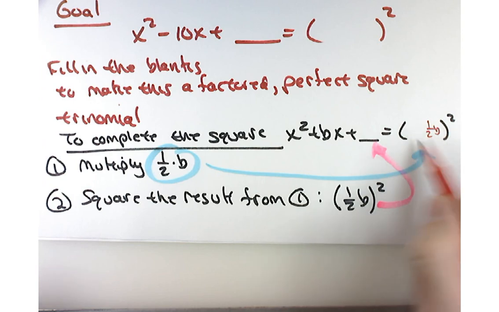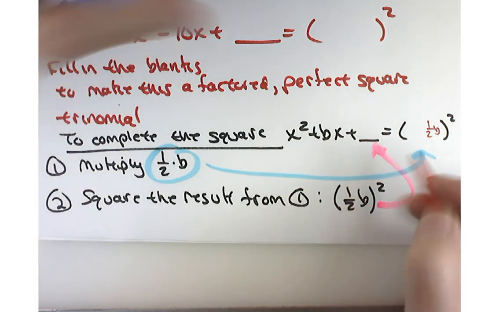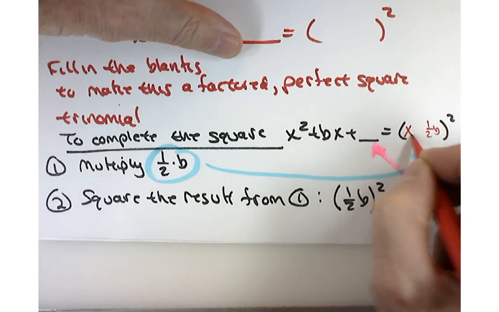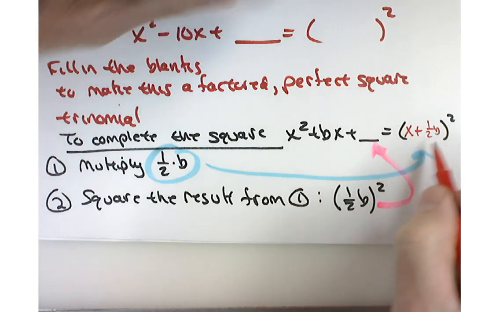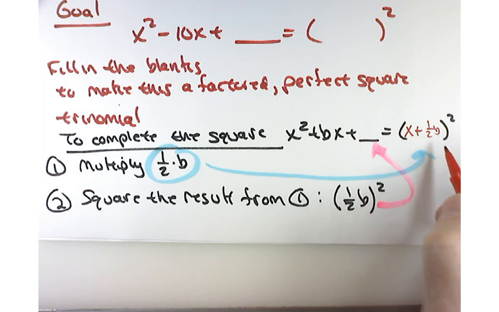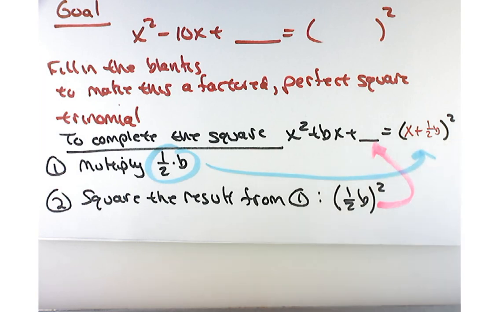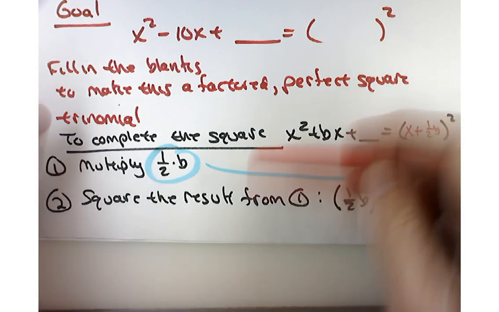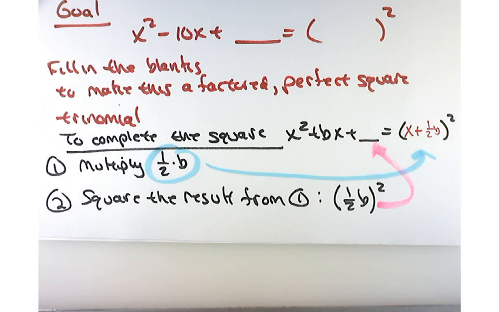But this by itself, if I squared it, isn't going to give me this. You need the x in here. So it's going to be (x + 1/2 b) squared. This might end up being negative because it's going to depend on the problem. But those are the 2 general steps that we're going to follow to try and complete the square on this.